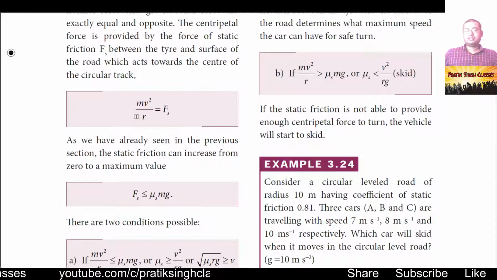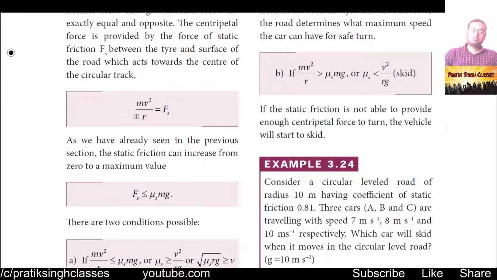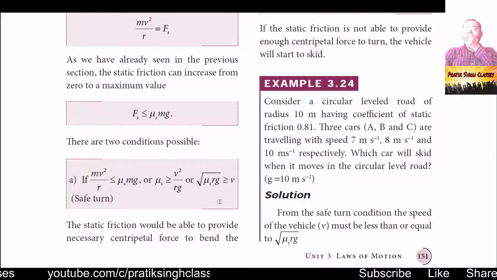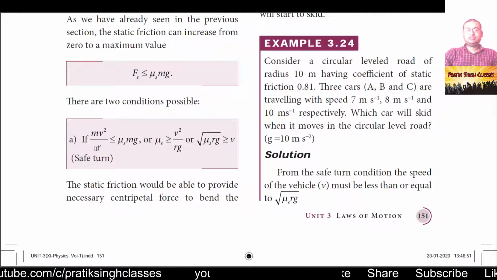That is the frictional force, static friction. As we have already seen in the previous section, the static friction can increase from 0 to some maximum value. So we can write Fs is less than or equal to μs into mg. There are two conditions possible. Suppose mv square by r is less than or equal to μs into mg, or μs is greater than or equal to v square by rg, or root of μs rg is greater than or equal to v.